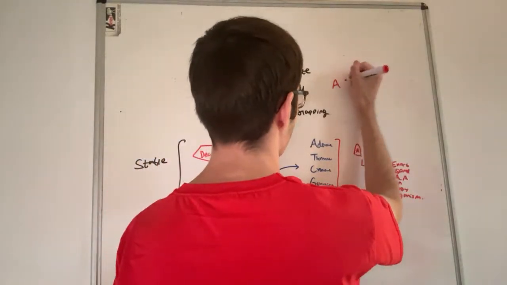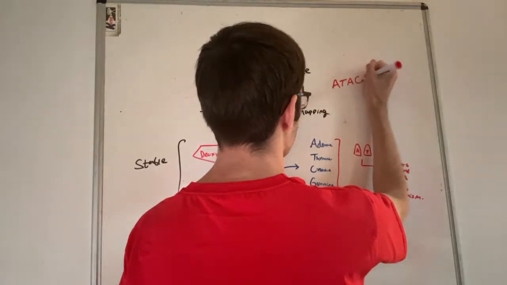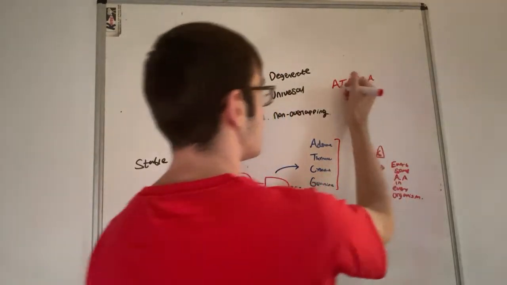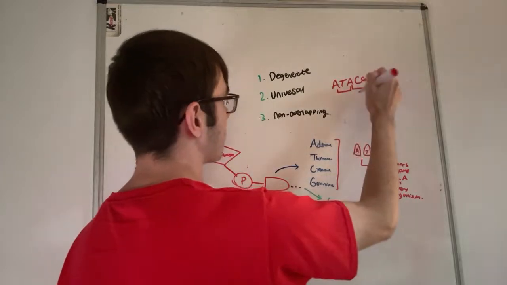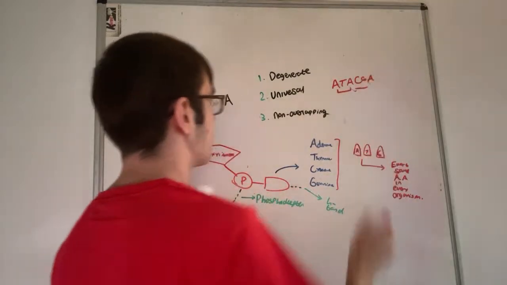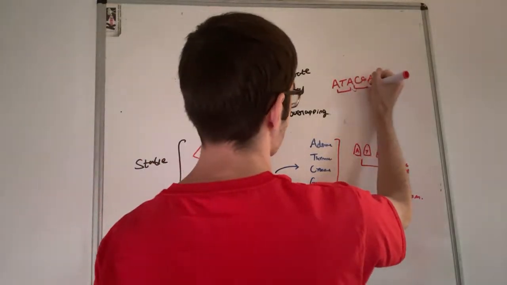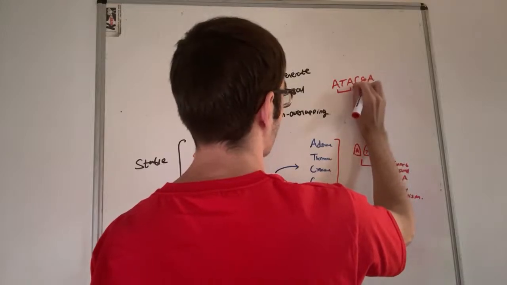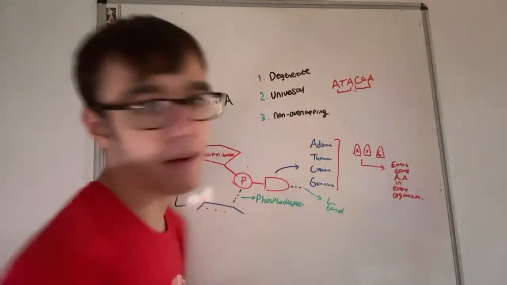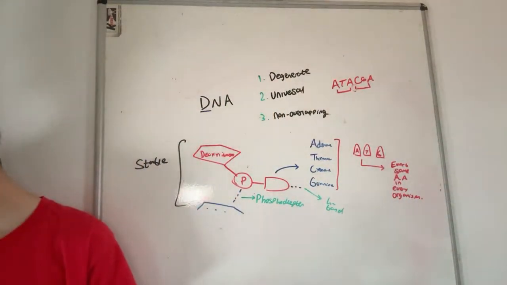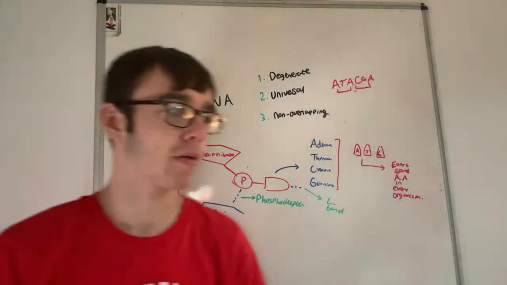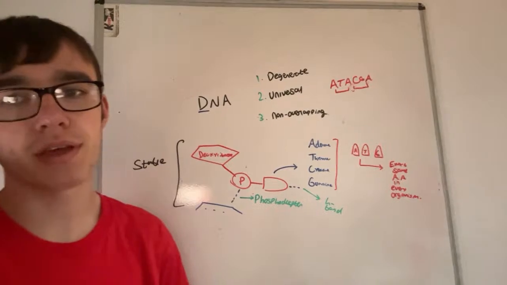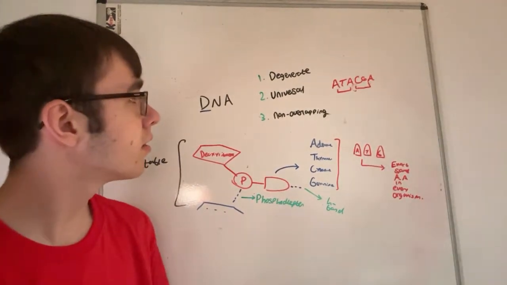So if we say A, T, A, C, G, A, it means that that A is not going to be part of that triplet as well. It's separate. So that's a nice easy one to remember, I think. Each base is only part of one triplet. I think that's an easy enough definition to remember right there.